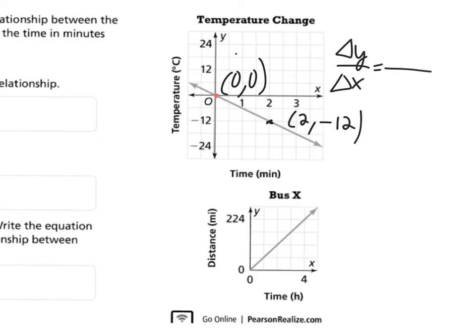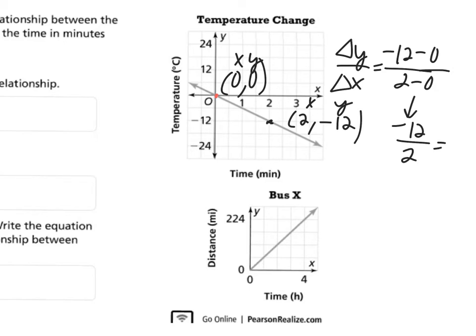So from that, we could do change in y over change in x. We could find our slope. This time I'm going to do a little different. I like to subtract 0 from stuff. So we could do -12 minus 0, which would be -12. 2 minus 0 would be 2. -12 divided by 2 is -6.